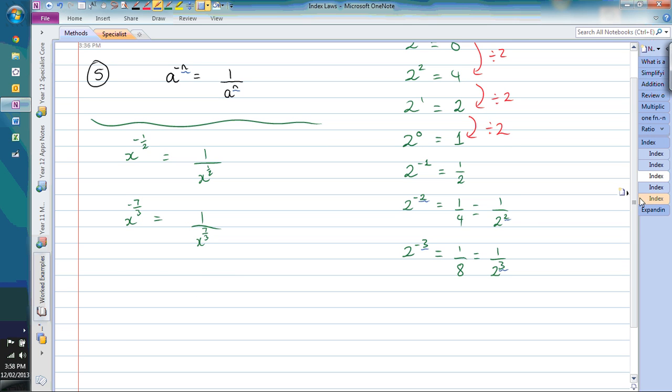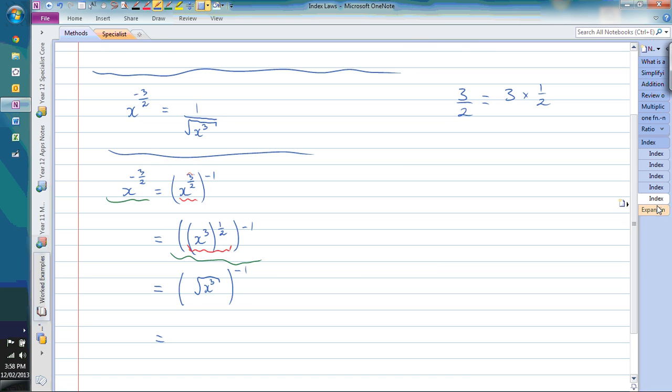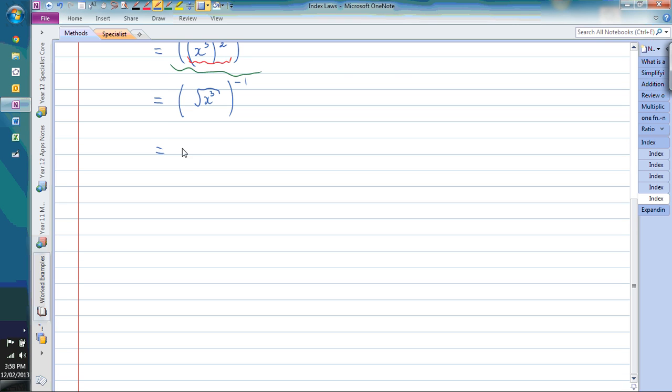Using index law number 5, negative powers put things onto the bottom of fractions. So a to the negative 1 would be 1 on a to the 1. So this is equivalent to, because it's a negative power, 1 on the square root of x cubed all to the power of 1.